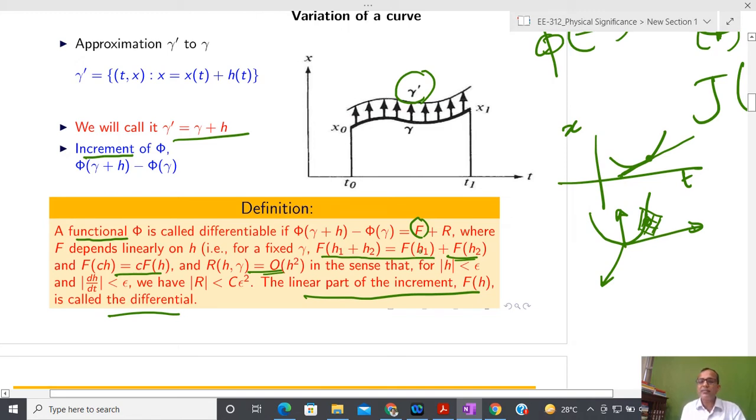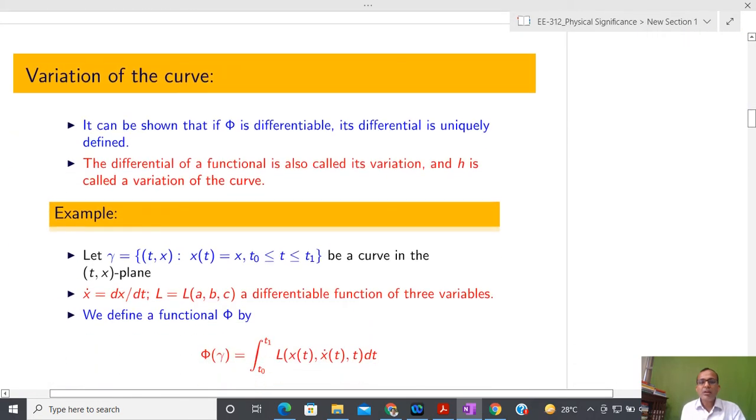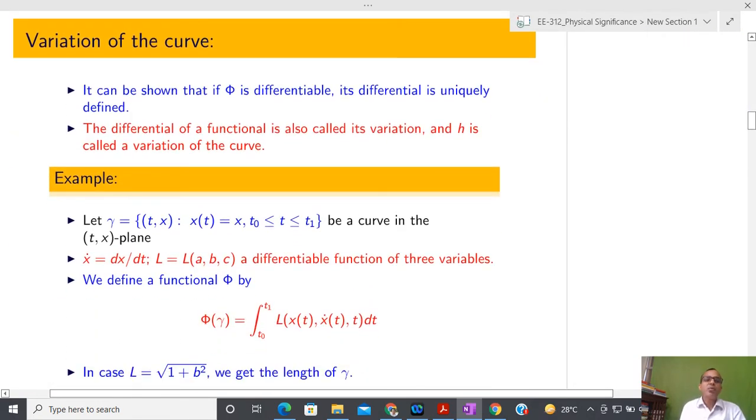Does anyone have any confusion? Now let us try to understand the meaning of variation. It can be shown that phi is differentiable and its differential is uniquely defined.